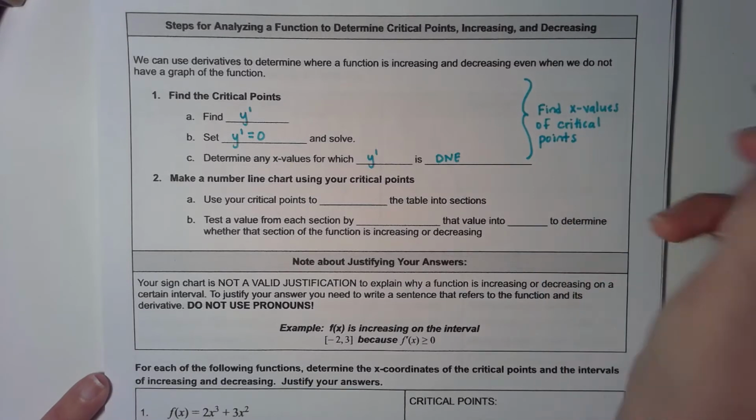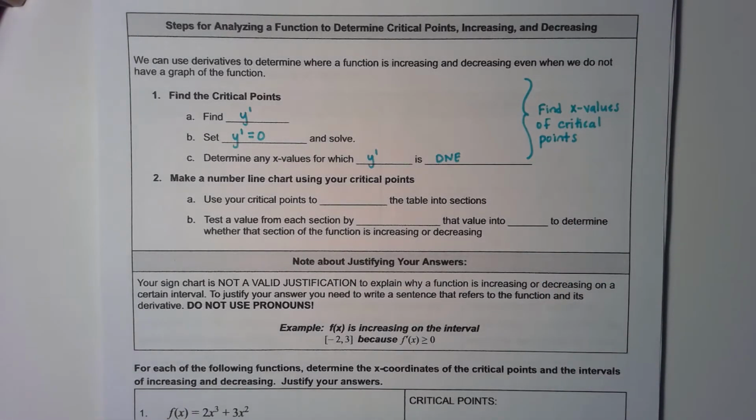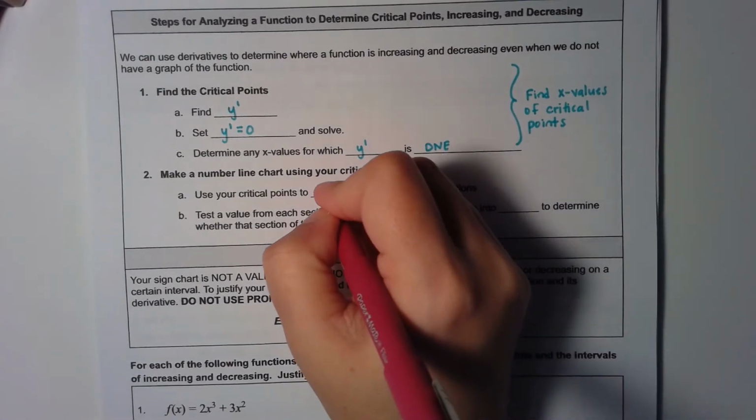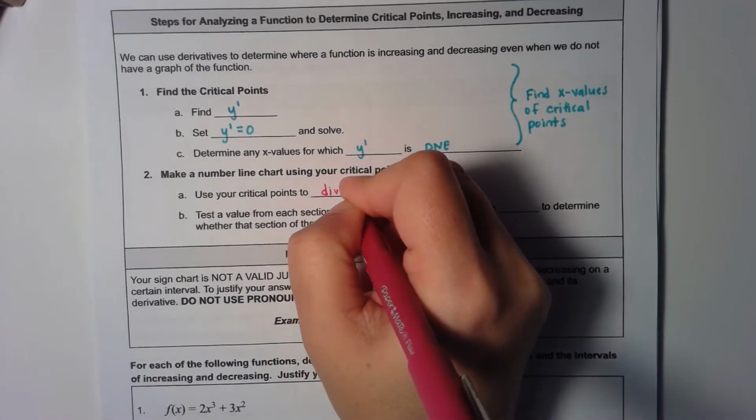Now, once you find those points, you have found all of the potential places where the graph changes from increasing to decreasing or decreasing to increasing. The trick now is to determine, is the graph increasing or decreasing on each of those intervals? So the next step is going to be to make a number line chart. Your number line chart is going to use your critical points to divide the chart into sections.